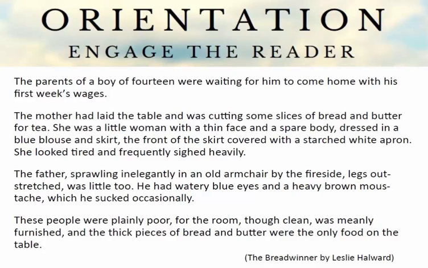We've also got the fact that her skirt is covered with a starched white apron. So when you think about that, why do you think the writer uses that? The starched white apron suggests that she's a hard worker, maybe she's a bit of a perfectionist, and she cares about her work.